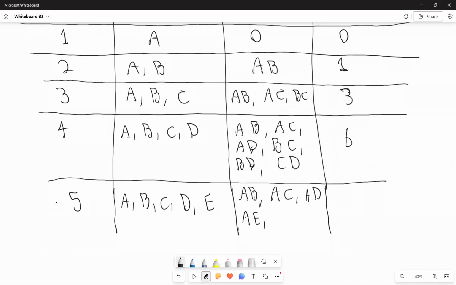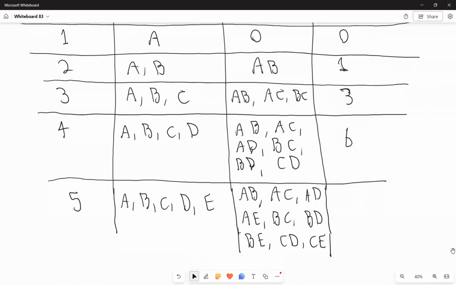AB and BA are the same, so the next ones are BC, BD, and BE. Then the ones with C, CA is the same as AC, CB is the same as BC. The next ones are CD and CE. And the last one is going to be DE, since we have everything else that includes branch D. So that's a total of 10. And I could keep going.